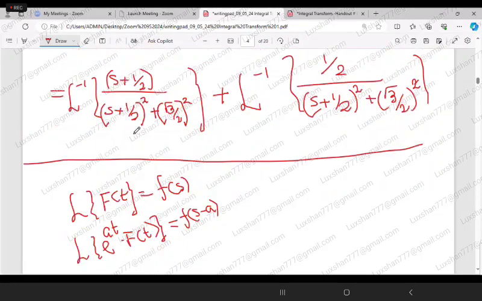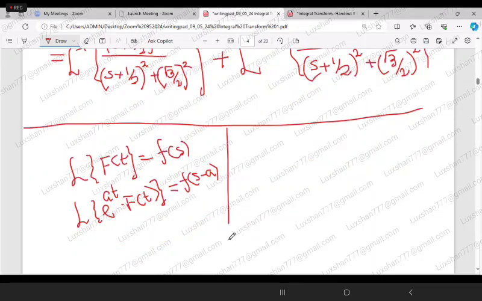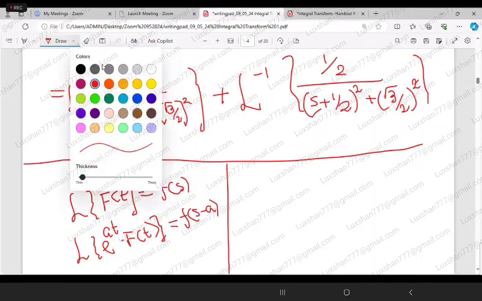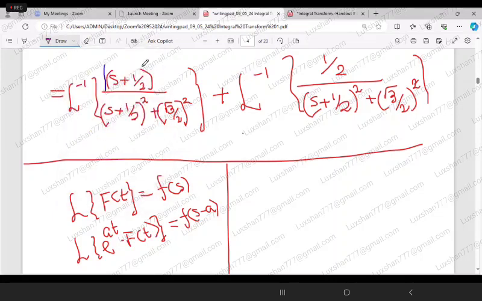So here, look at here. If you think of s minus a as s plus half, then you can simply think of this as your F(s). Using that, if you just think this is your s, and this is your s, because we have the same, what we have is s over s squared plus 3 by 2.